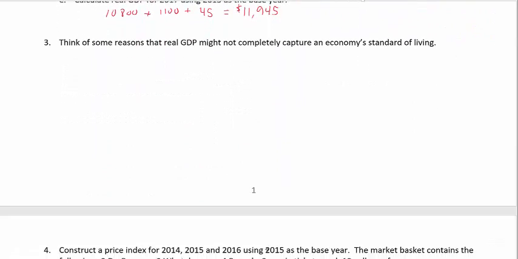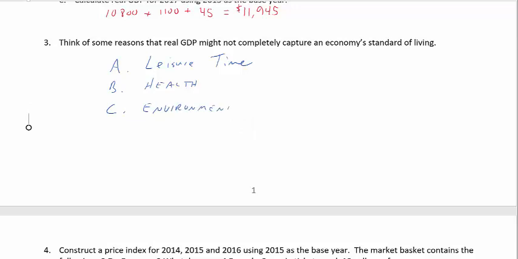Okay, number 3, we've already discussed this, but I'll lay out a few reasons why GDP doesn't capture our total standard of living. Okay, GDP does not include leisure time. GDP does not include our health, okay, or life expectancy. GDP does not include environmental impact.